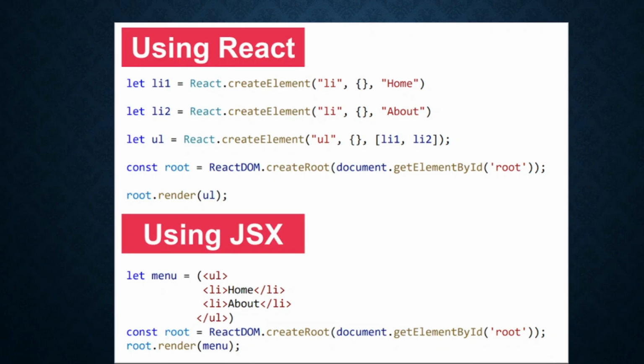See here, we can see that JSX. JSX is nothing but JavaScript. This let menu is equal to, and const root is ReactDOM.createRoot, everything comes under JavaScript, and we are injecting HTML into it. So JSX stands for JavaScript plus HTML. Here we are injecting HTML into JavaScript. So this is known as JSX.